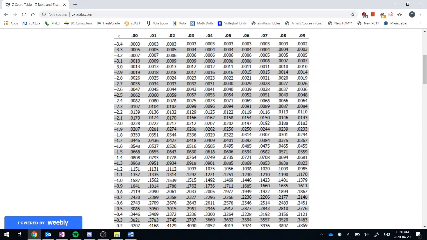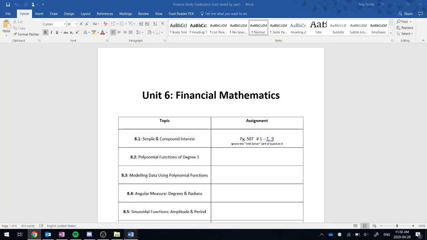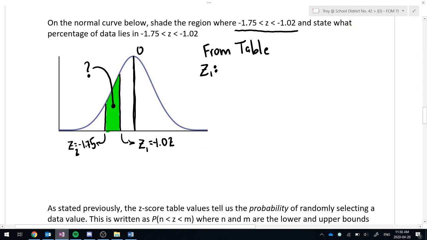So negative 1.02 is right here: 0.1539. And of course, that's the same thing as 15.39%. Make that 5 look a little better. There you go. Okay.